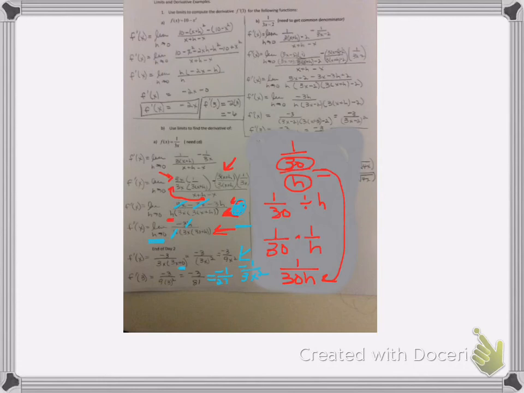So that was a second practice of how to do your limits when you have to get a common denominator. Now we're going to work with conjugate pairs with our last example of doing limits that involve algebraic manipulations.